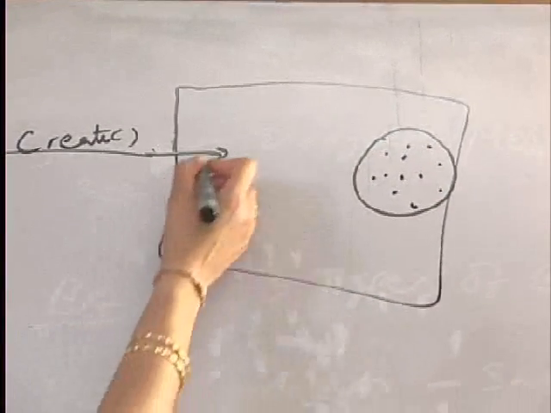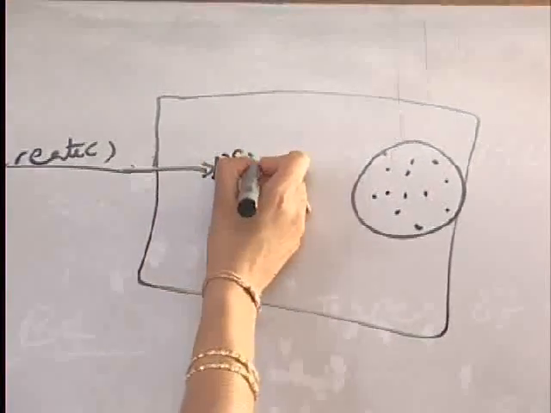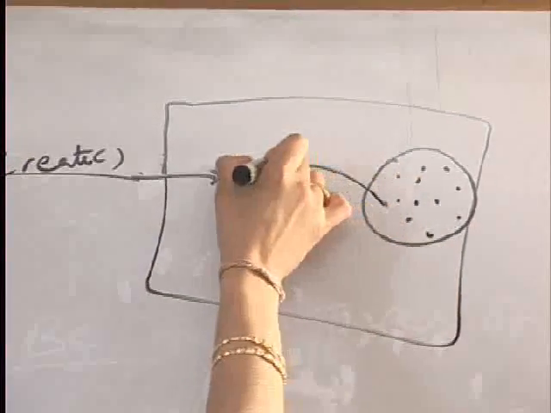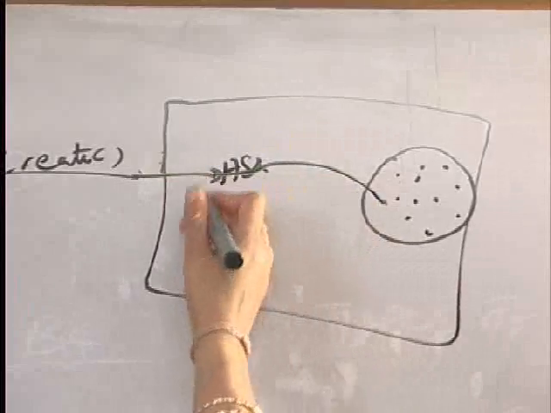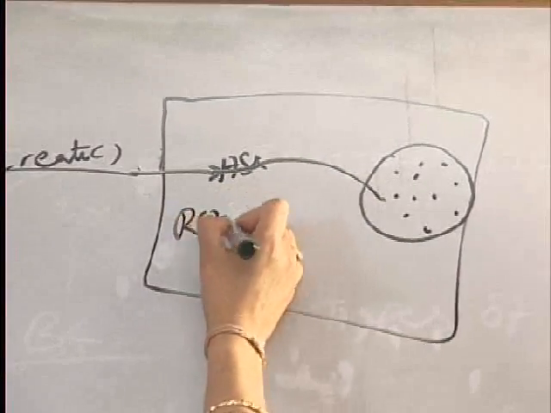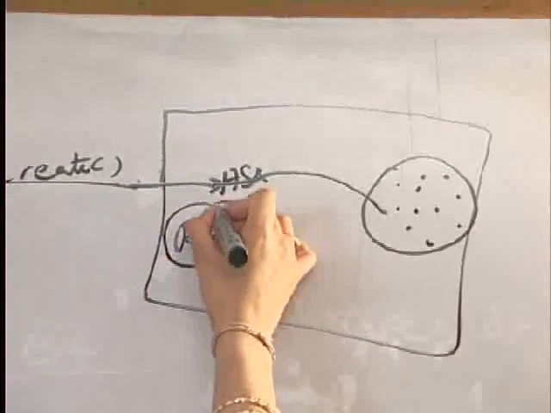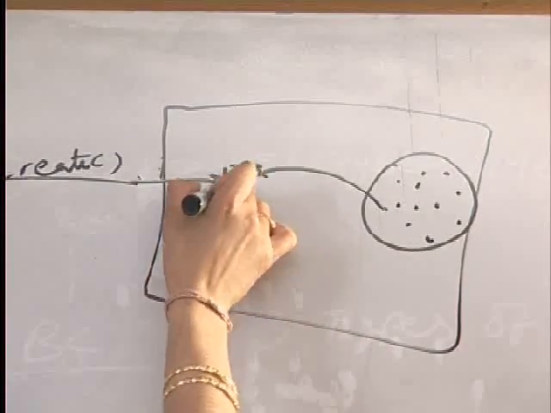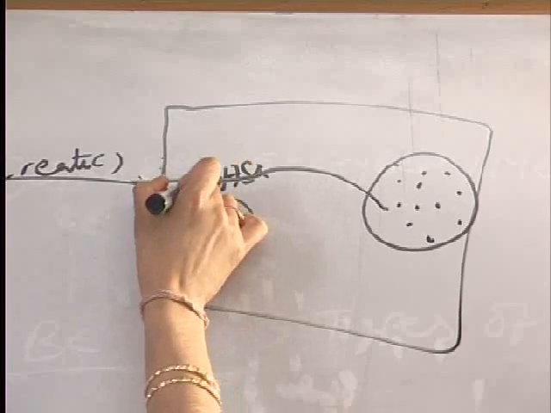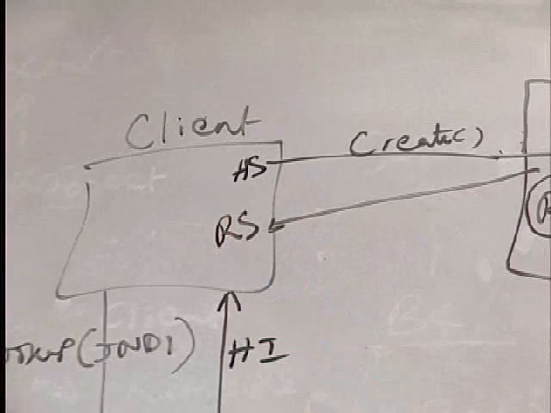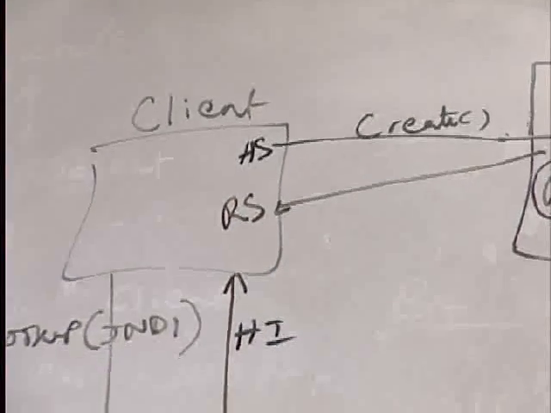The create method talks to the home skeleton, which then picks up an instance from the pool, and here we have a remote skeleton with which this instance would be associated, and then returns back to the client with the home stub type of object.